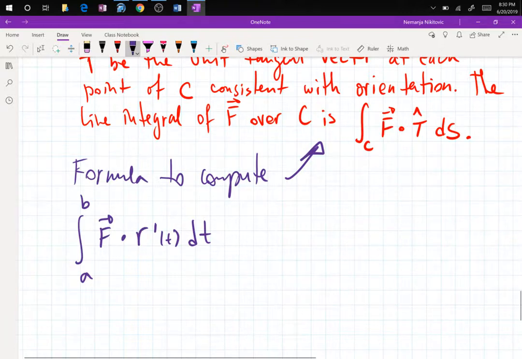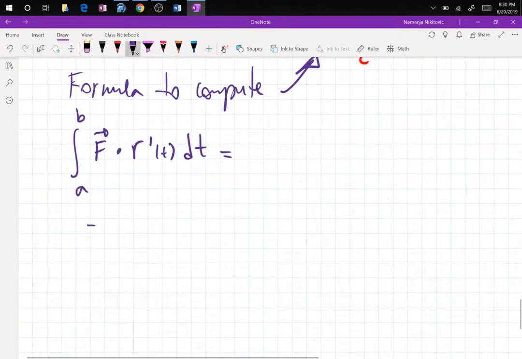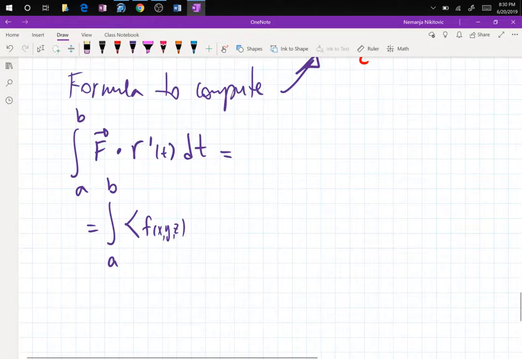So now, if you have a 3D, then this whole mess is equal to integral a to b, and now you write out your F. Your vector field F is F, G, H, right? So it's F of x, y, z, and then each one of these is in terms of t.